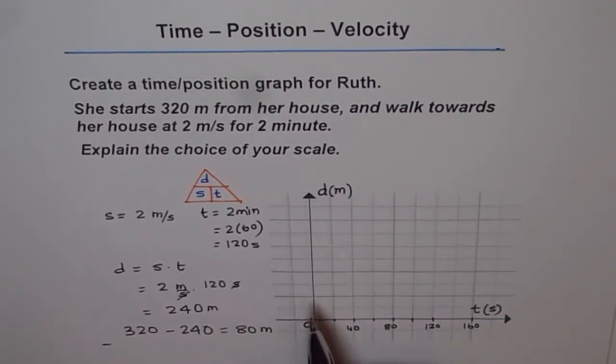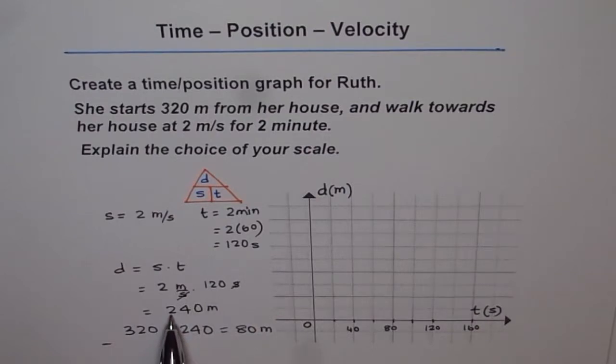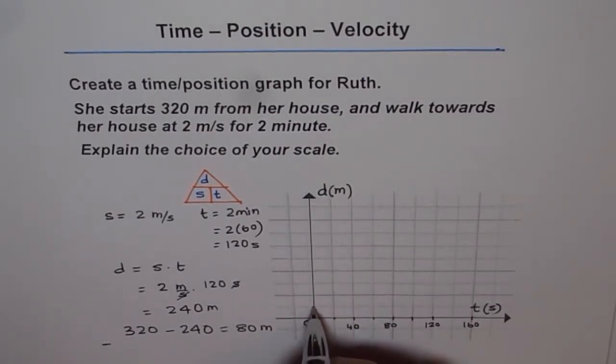Now on the vertical axis, we need to show 320, and a distance of 240, which leaves 80 meters. We have a common factor here, which is 40, so it is a good idea to use 40.